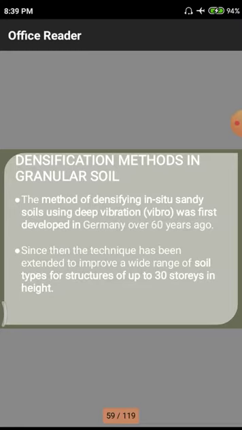Since then this technique was extended to improve a wide range of soil types, up to 30-story buildings, which normally need a huge foundation. For those 30-story buildings we use raft foundations. For normal buildings we use simple isolated foundations, that means for each and every column we maintain a separate foundation.